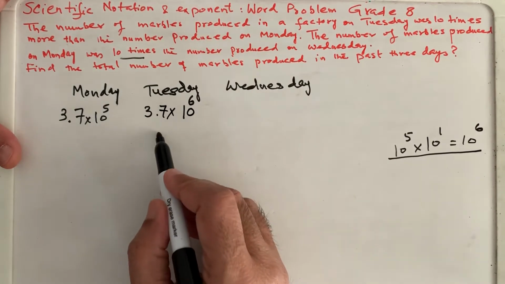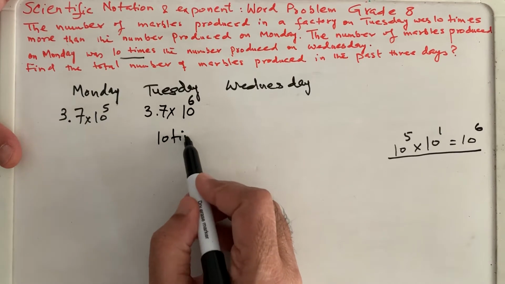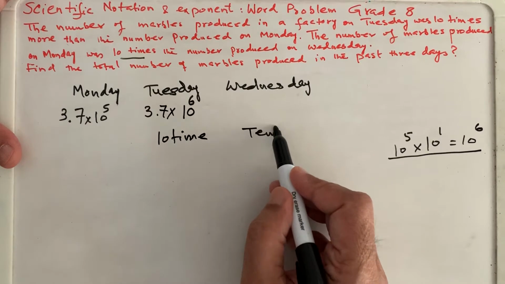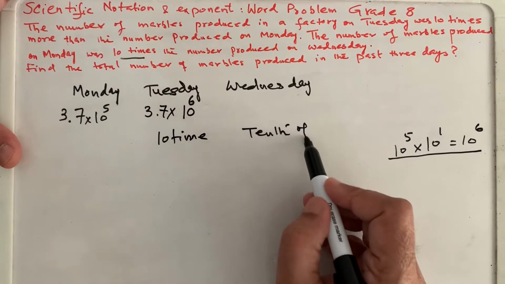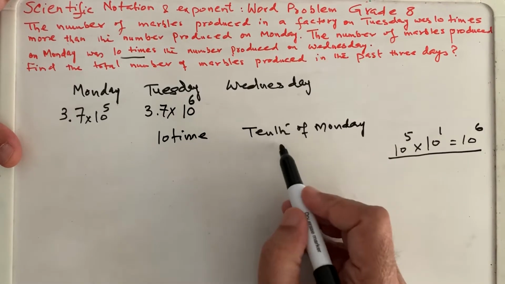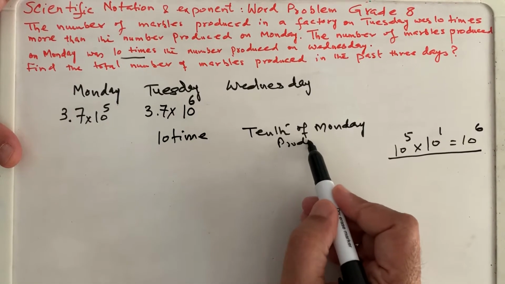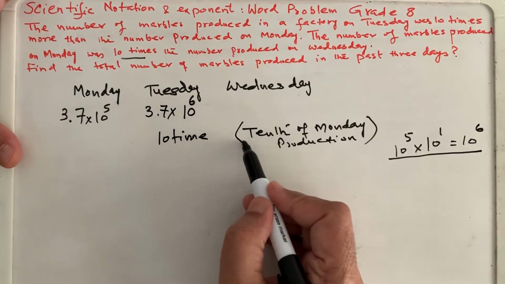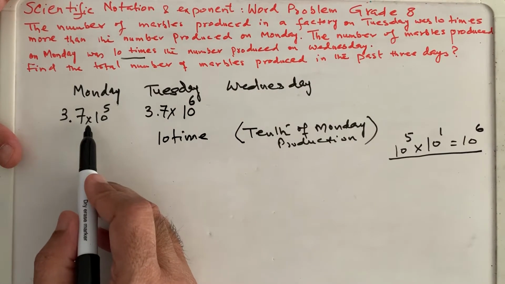We have to take care of that 10 times and 10th, right? So this is a 10th of Monday production, a 10th of Monday production, right? This is Monday production, right?